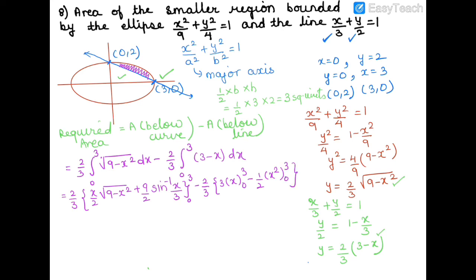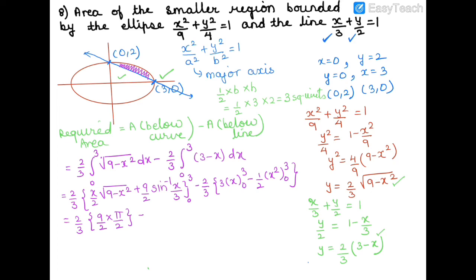Solving which, if I put the upper limit over here in this part, so you can see when I put the upper limit over here, this will become 0 and this will become sine inverse 3 by 3, which is sine inverse 1. The value of sine inverse 1 is pi by 2. So therefore, this will give you 2 by 3. The first part will become 0 and 9 by 2 sine inverse 1, which is pi by 2.